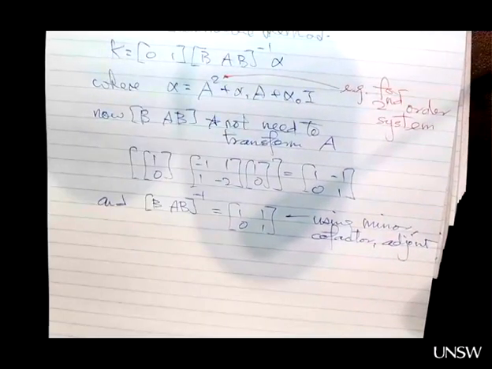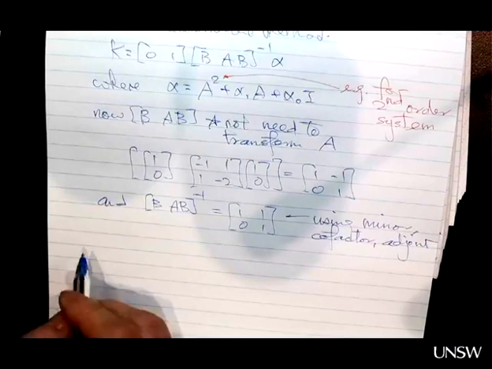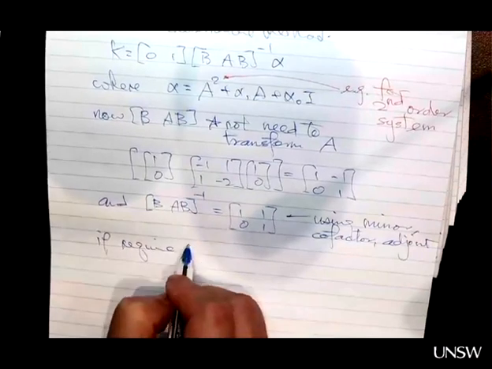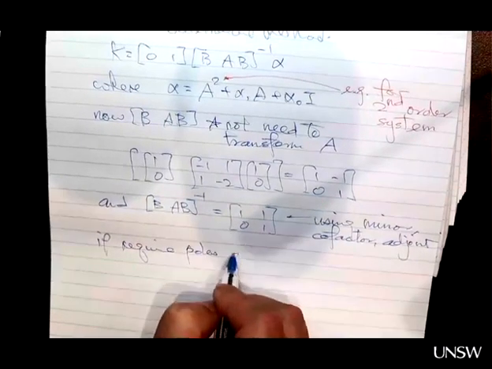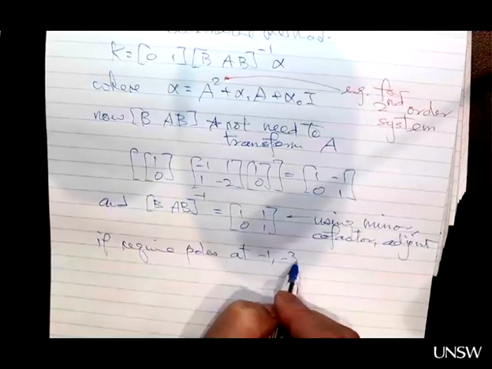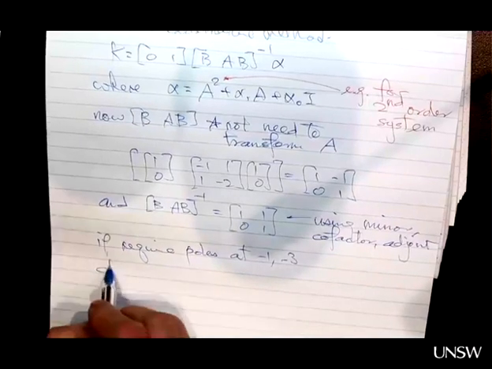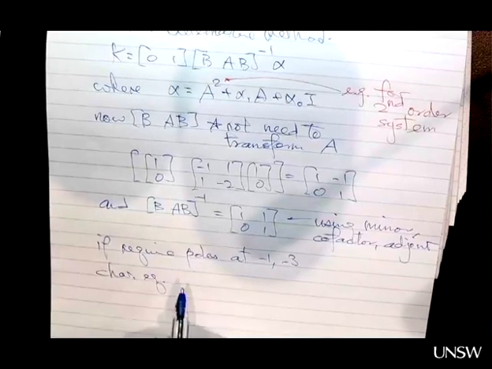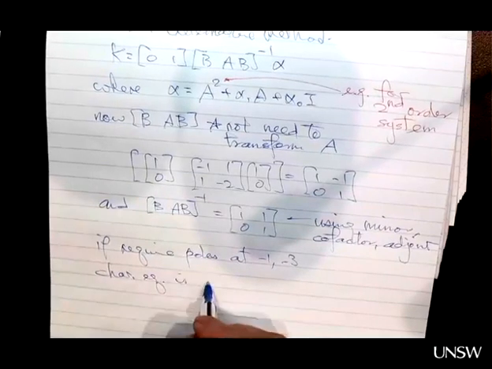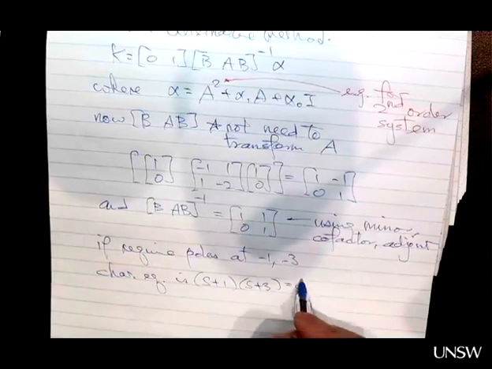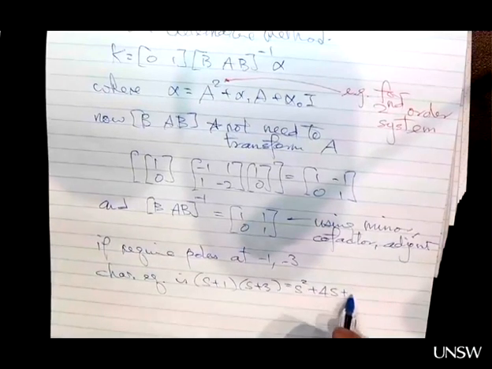So again, if we require the poles at minus 1 and minus 3, the same case as before, then the characteristic equation is also as before.